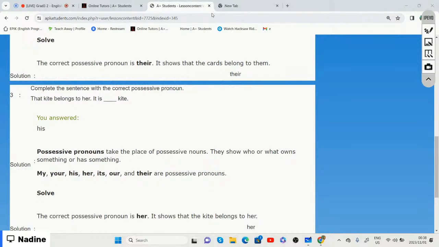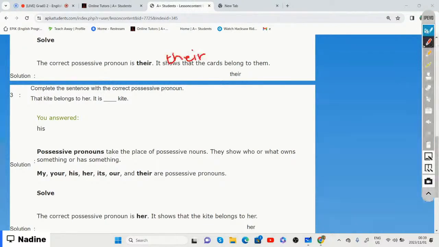So that kite belongs to her, so then we basically say it is her kite.